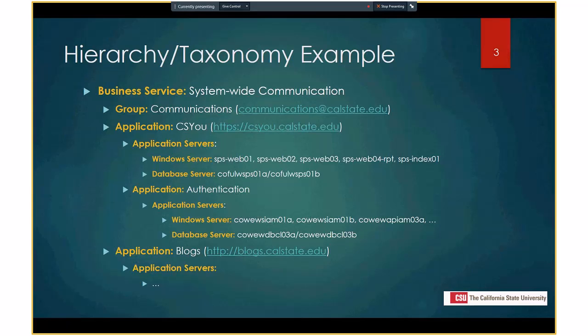So you can see that application is dependent on another application. That application also has various servers, and it requires a database. Another application that supports system-wide communication would be our blogs, blogs.calstate.edu. So that's an example of the hierarchy, from high level to actual practice, that we had in our 1.0.